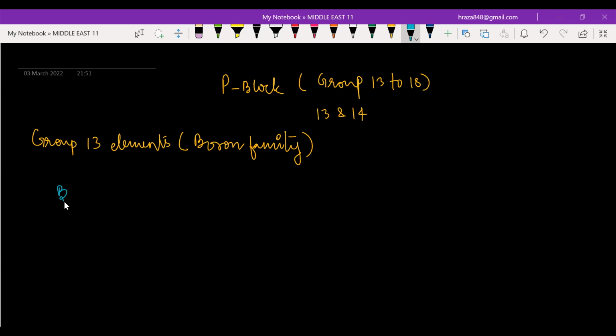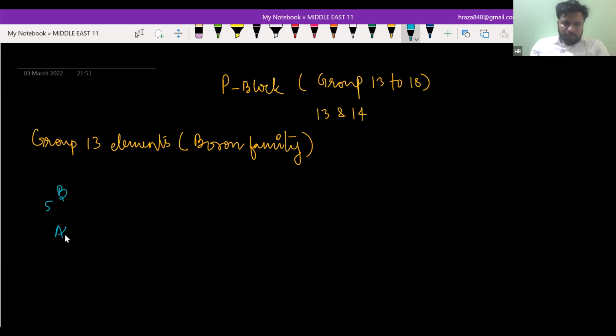Boron, atomic number 5. Aluminium, just add 8 to this, it will be 13. Then gallium, just add 18 to this. What you have to do in p block: add 8, 18, 18, and then 32, it will be 31.